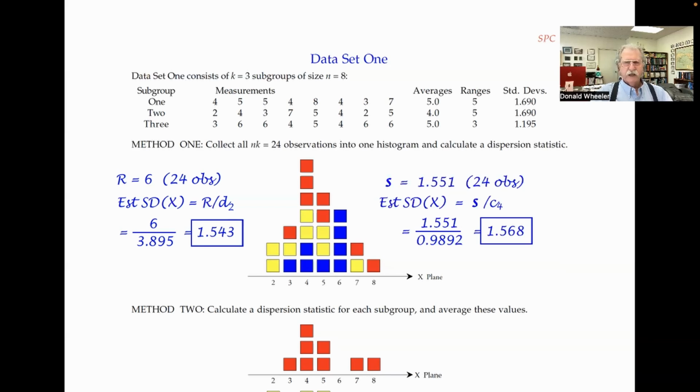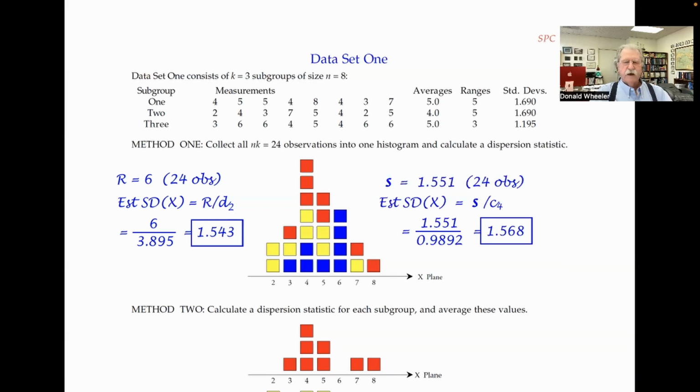So an unbiased estimate of the standard deviation parameter for the distribution of x will be s divided by its bias correction factor, c4. And the bias correction factor, c4, for 24 observations, again, inside front cover of the workbook, is 0.9892. 1.551 divided by 0.9892 is 1.568.